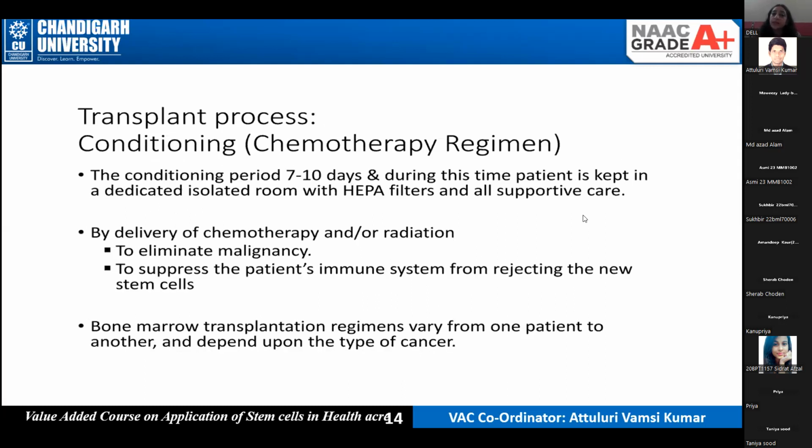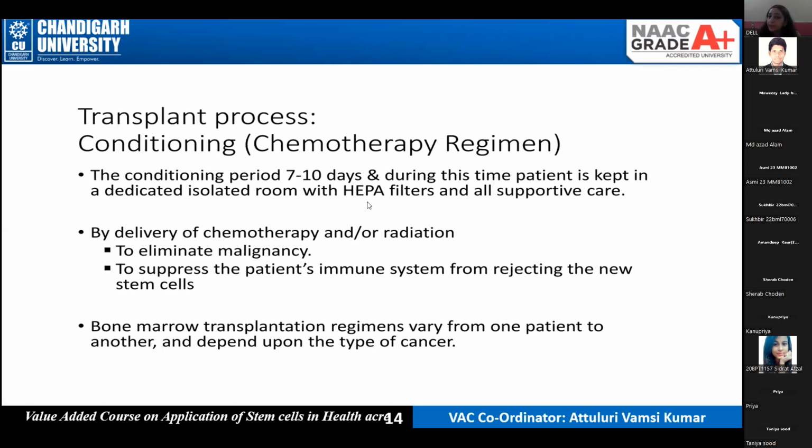Transplant process. At the time of transplantation, what are the different conditions we have to maintain? At the time of chemotherapy, the actual time duration is 7 to 8 days. At that time the patient is kept in an isolated room with HEPA filters.